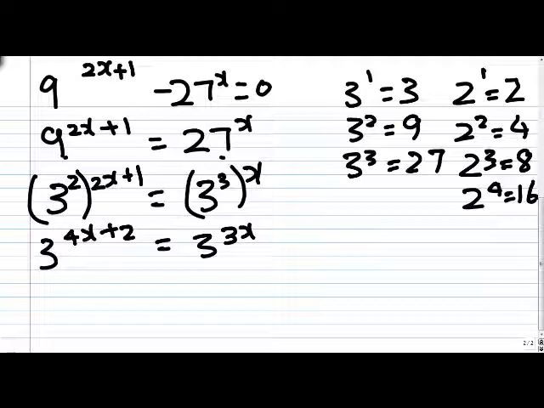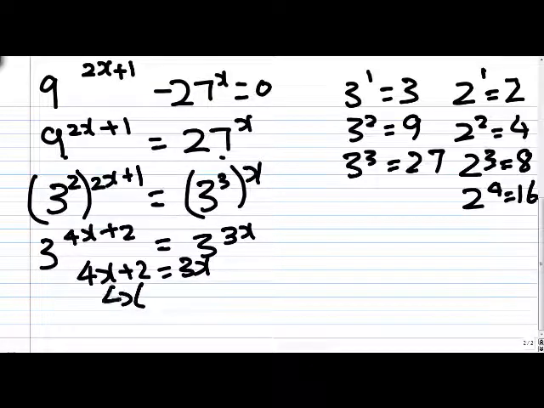So looking at the exponential equation here, we know that by comparison 4x plus 2 equals 3x. Sorry, 4x minus 3x equals minus 2. What I did was just shift positive 3x to the left hand side of the equation, therefore I get negative 3x.